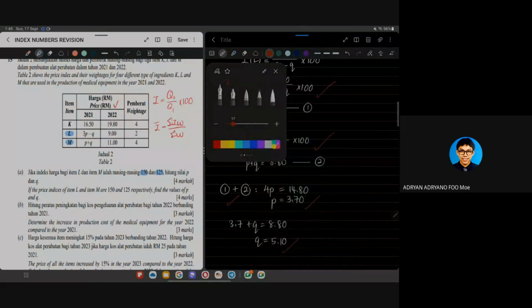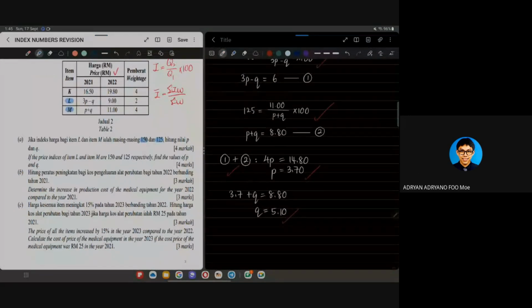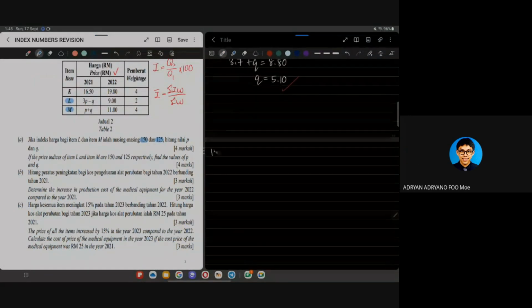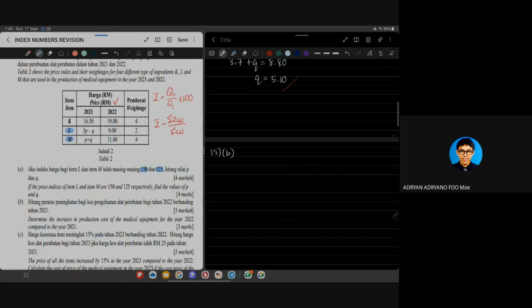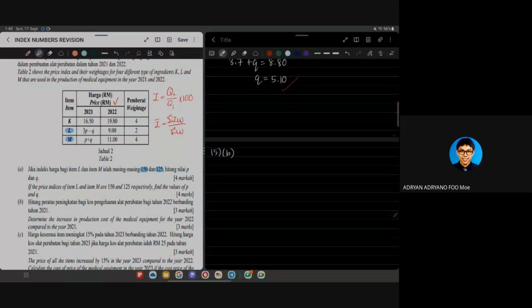What about B? Let's look at B. Okay, question B. Determine the increase in production cost of the medical equipment for the year 2022 compared to the year 2021.